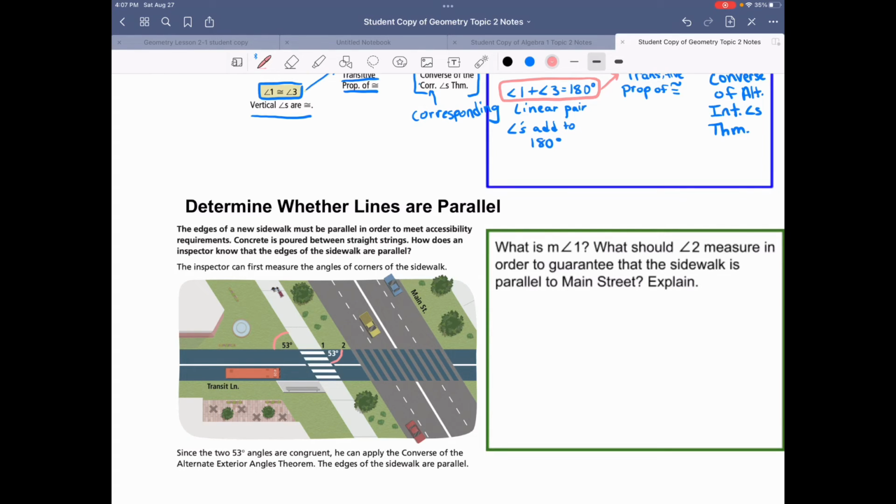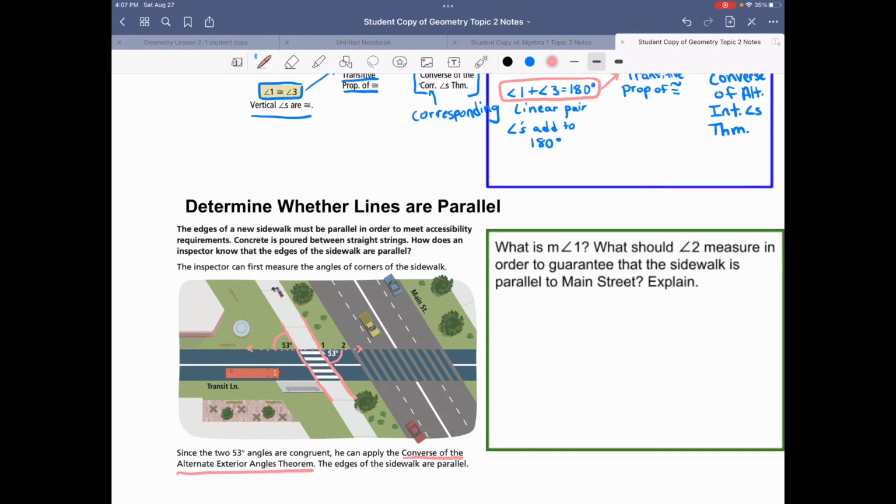So this line is parallel to this line, and they are cut by this transversal here. Right? And then if we turn our head sideways, we can see that those are alternate exterior angles. And then he proves that they're parallel by the converse of that.